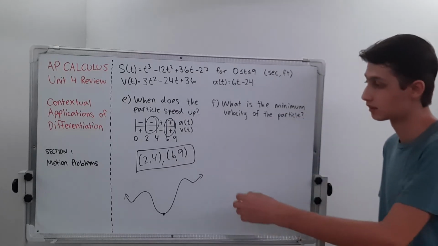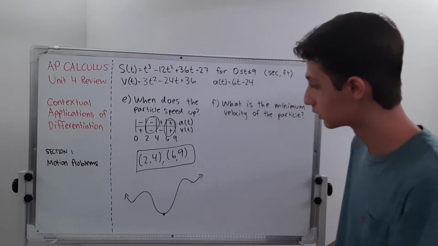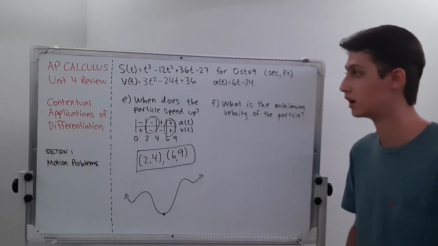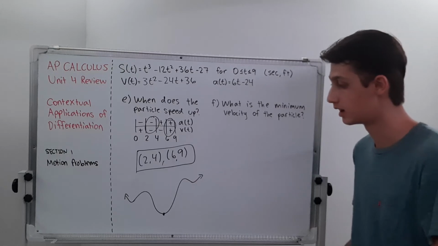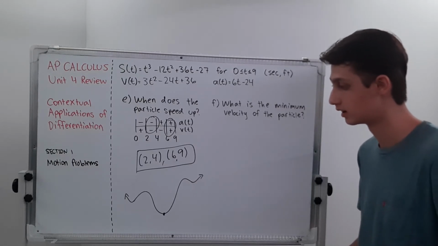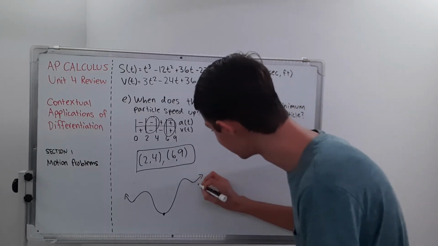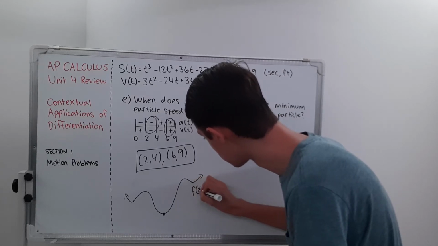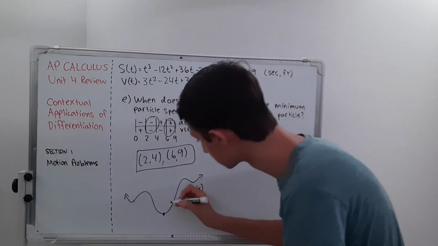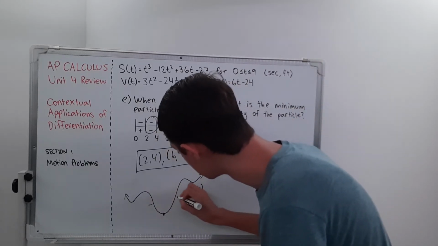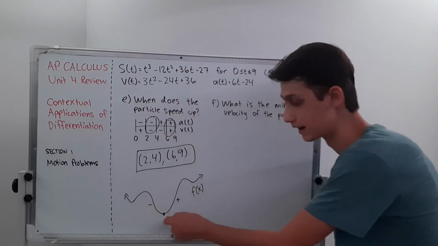So you can find your absolute minimum by finding where, okay, hold on. Let's say this is f of x, right? You can notice how your slope goes from negative to positive here.